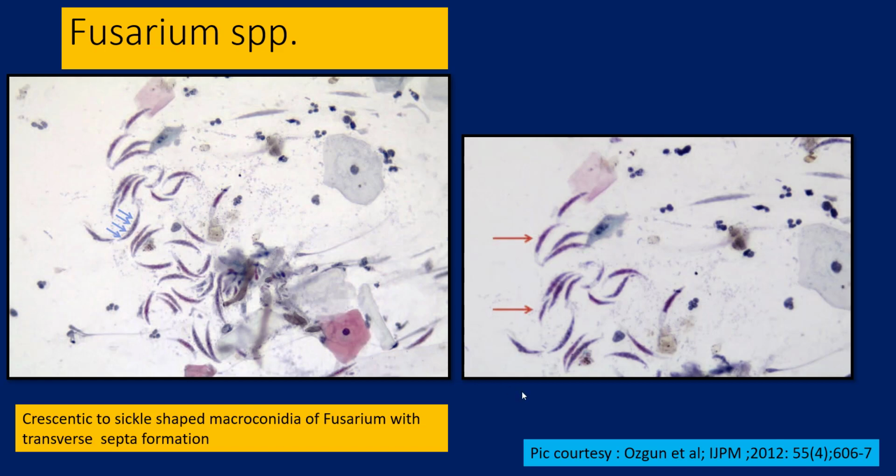This pic is courtesy Uzgan et al., published in IJPM in 2012. I just thought I should put it here because not too many things in cervical cytopathology would look like this. So if you have seen them once and you come across one such case, you should be able to pick it up.